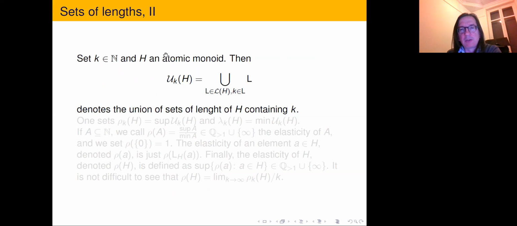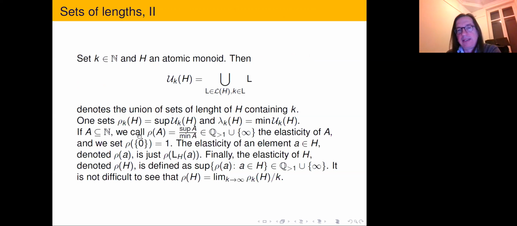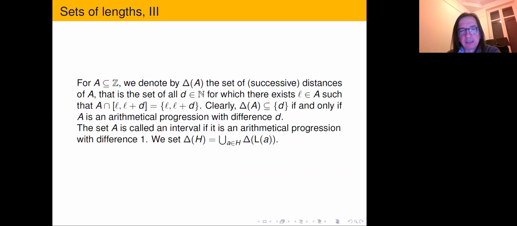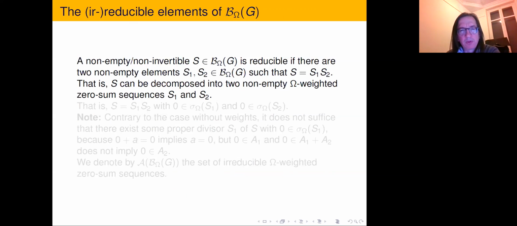It smoothes out certain irregularities, so the structure of these sets is generally nicer than that of the sets of lengths themselves. One can then study their maximum and minimum, and the ratio of the largest and the smallest elements, and one calls these elasticities. There are also other concepts, but I will skip them because I won't get to discuss these notions.